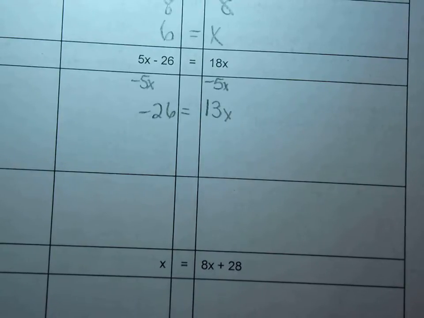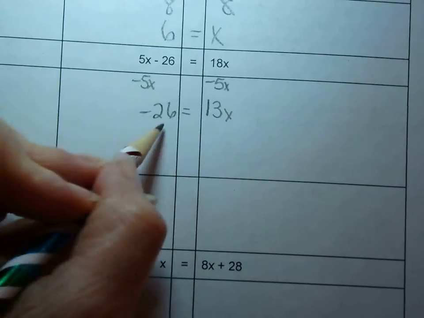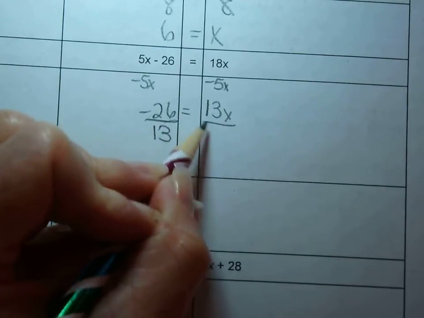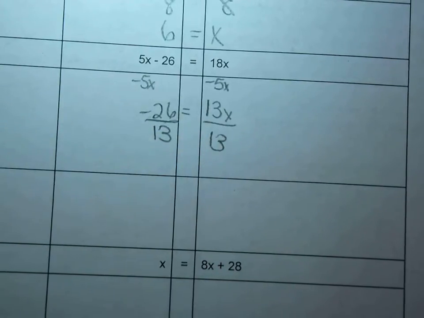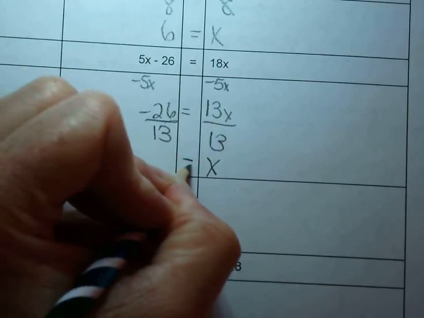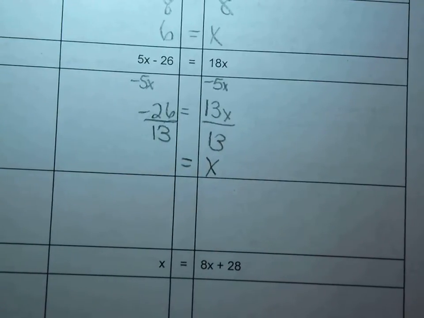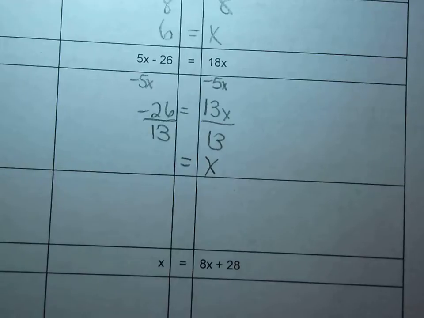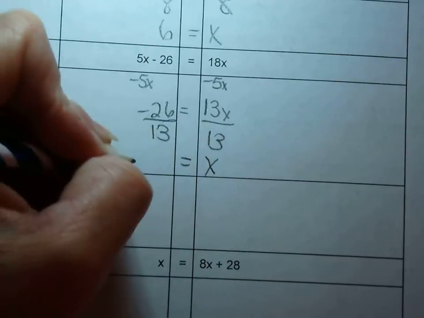I love how you're raising your hand, Manny. Divide both sides by 13. And I'm left with x is equal to what? I heard someone say 2. Oh, a negative 2.